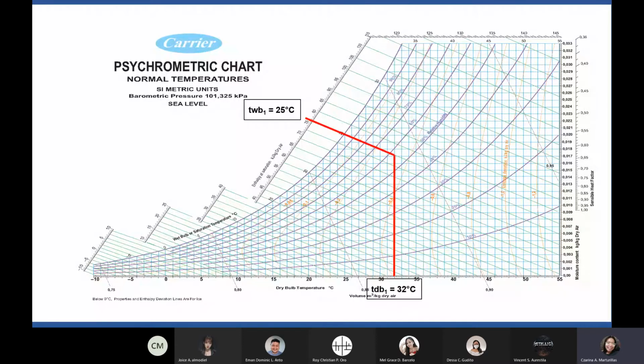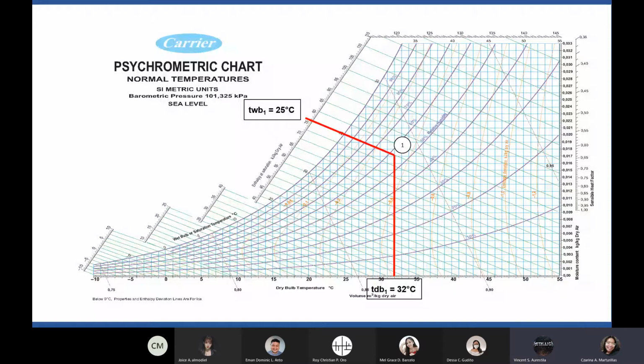As Vincent explained earlier about the properties in the psychrometric chart, the intersection is the first condition of our air at state 1.